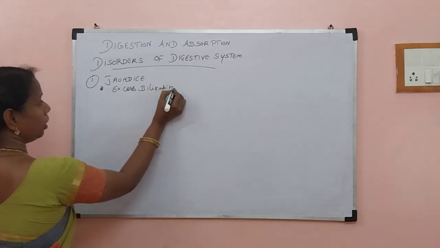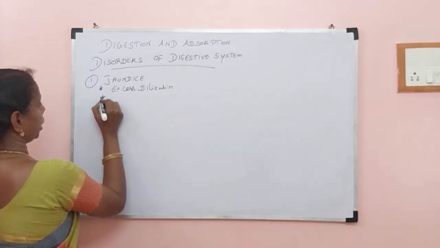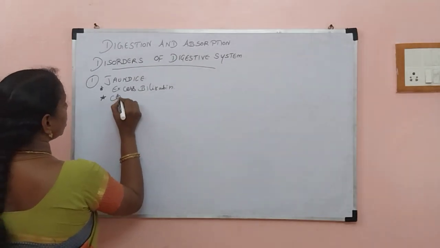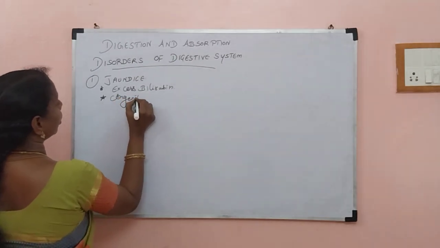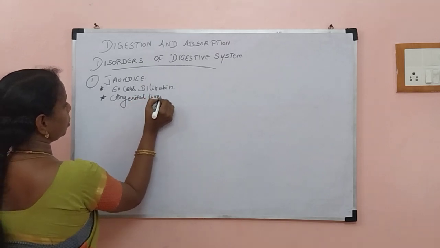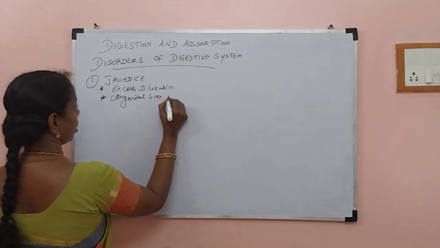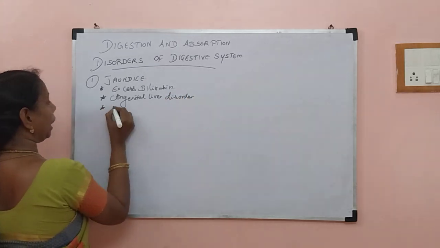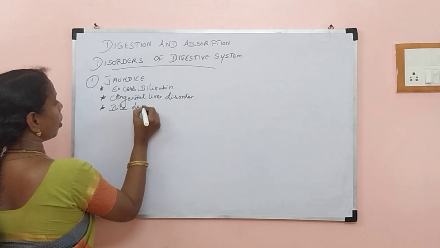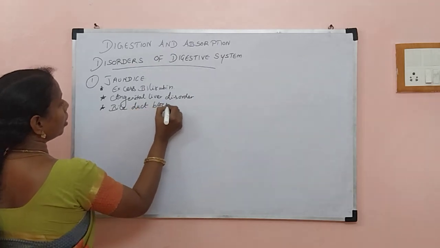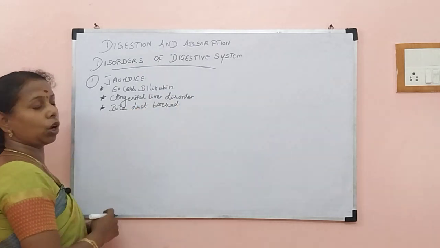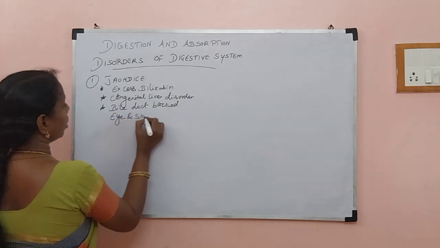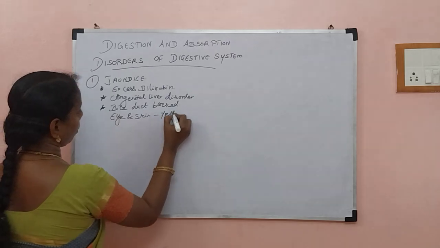This is what converts into stercobilin and gives coloration to the feces. Jaundice can also be due to a congenital liver problem, where right from birth the liver has some disorder, or the bile duct is blocked. In these three conditions, of course, jaundice will happen. In this case, the eyes and skin turn yellow.